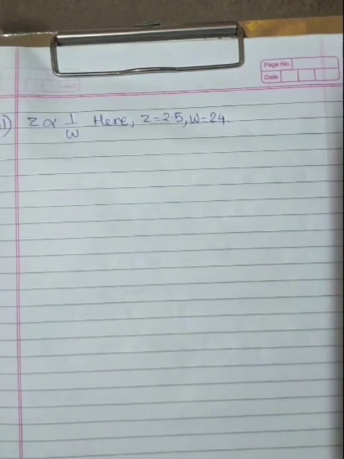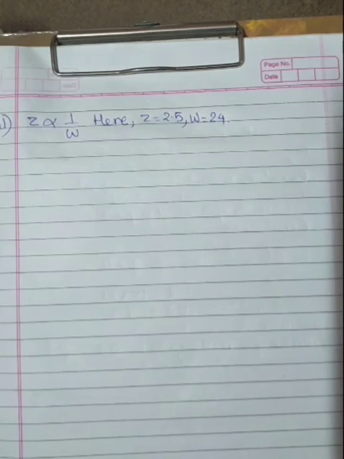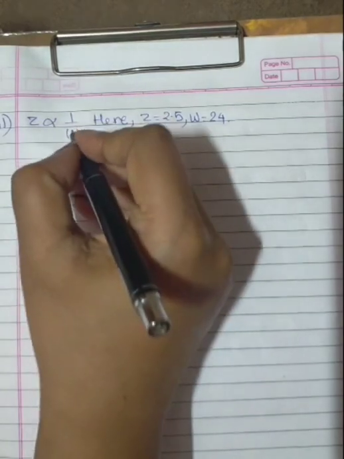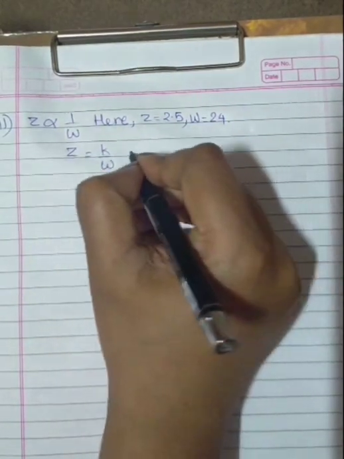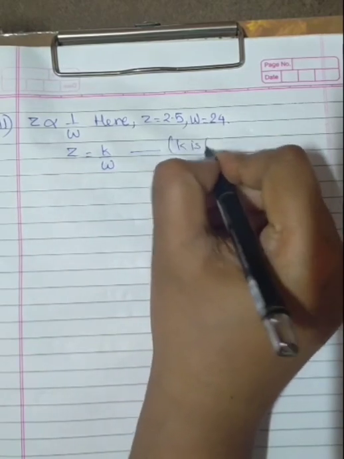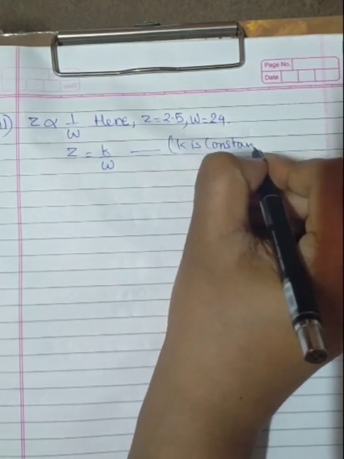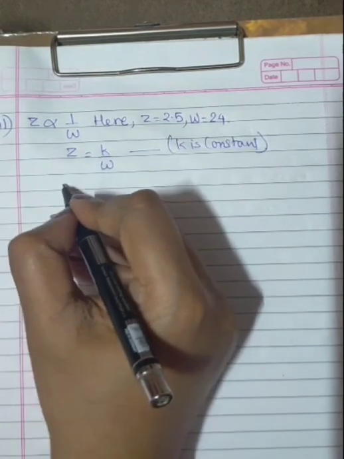As you can see, what is the next question given? Z alpha 1 upon W. Here Z is 2.5 and W is 24. So we are going to write Z equal to K upon W. Here K is constant. Okay, and the equation is what?